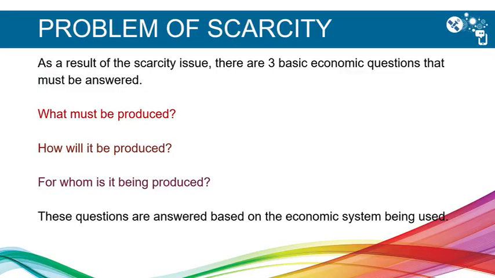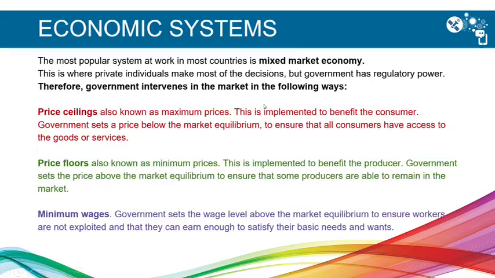But the system that is used by most countries around the globe is the mixed market economy. Now, your mixed market economy is where private individuals make most of the decisions, as they do in a capitalist society or a free market economy, but the government has regulatory power, whereas in a centrally planned economy, government has all of the power.